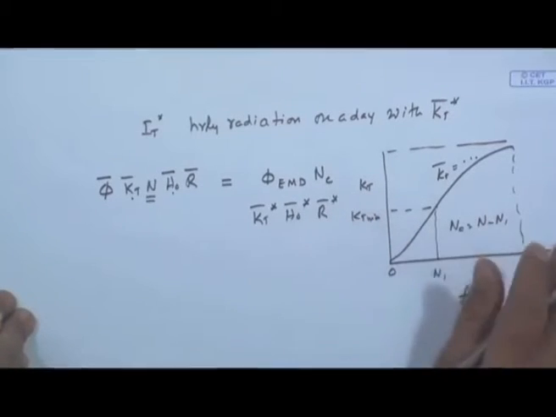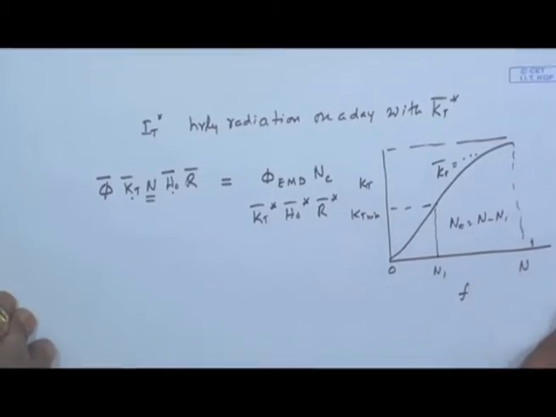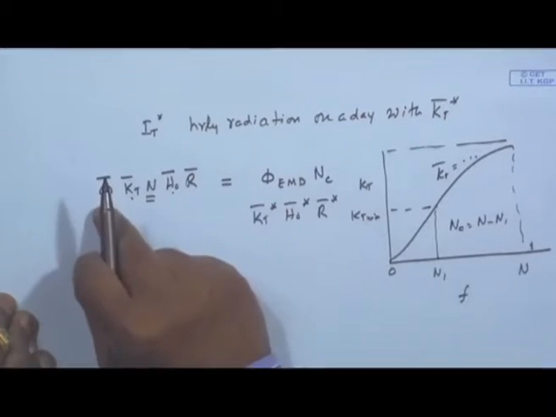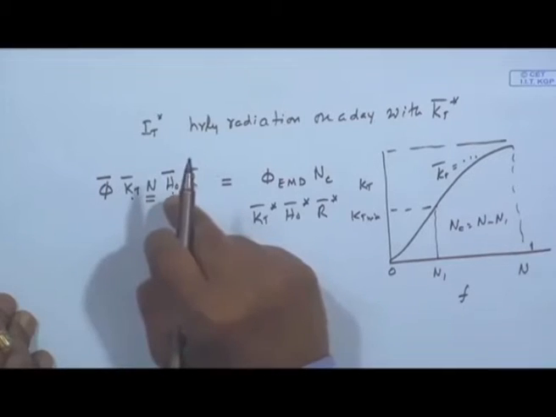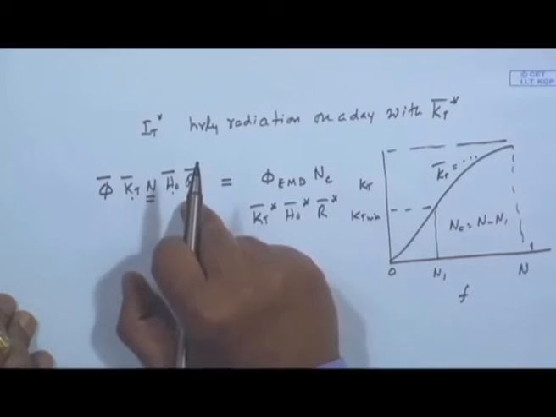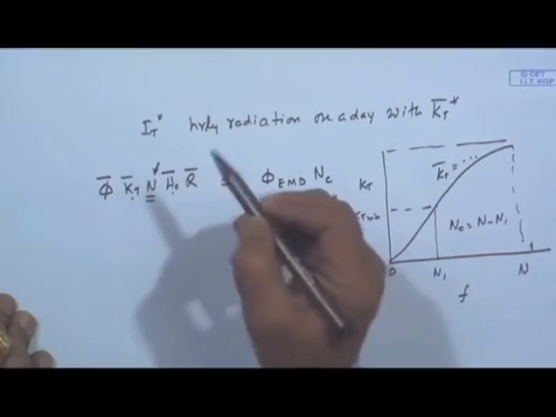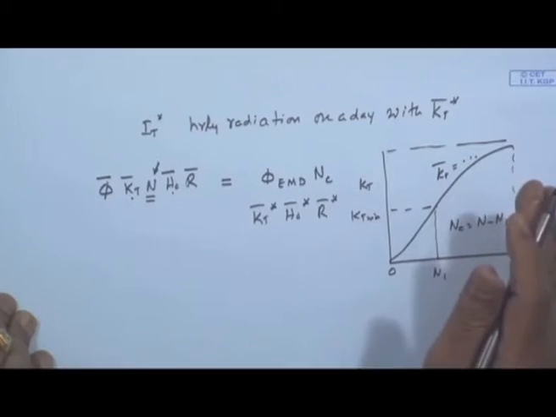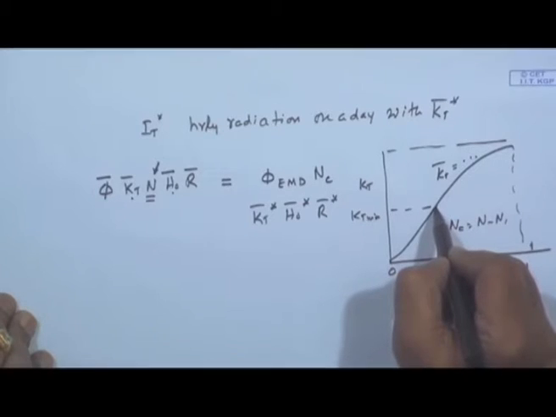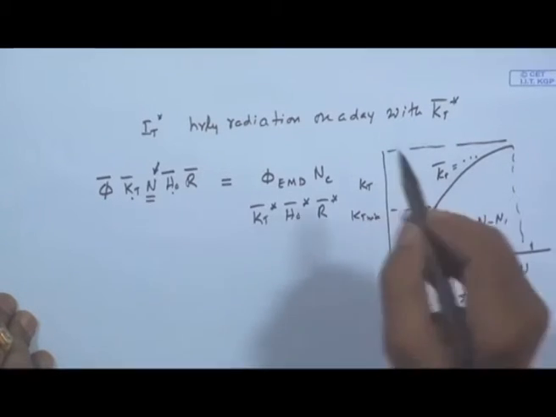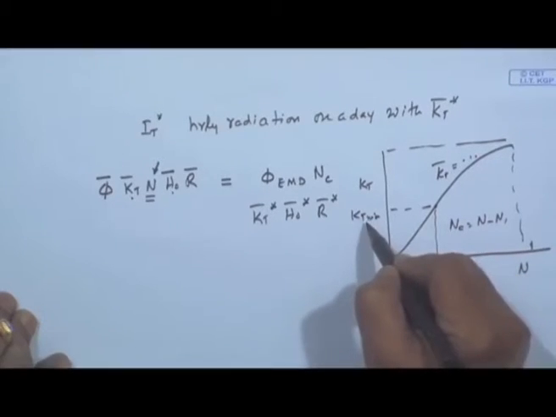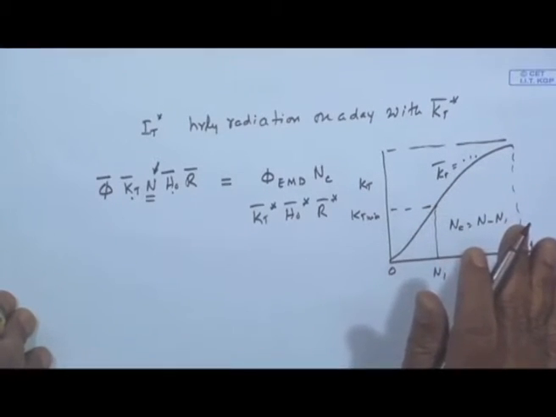What it means is, the solar radiation available to you above the critical level based on the monthly average daily utilizability and the total radiation for the month over all the days n should be the same as the solar radiation available to you above the critical level on the days of KT above KT minimum, because for KT less than KT minimum there is no contribution to solar energy.